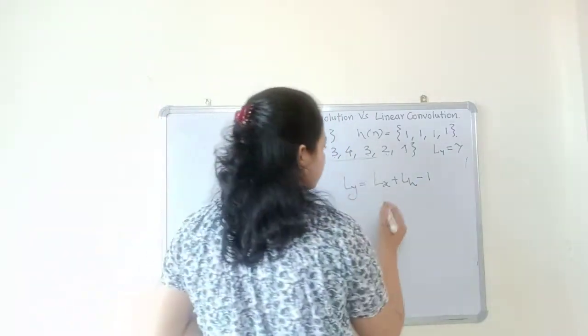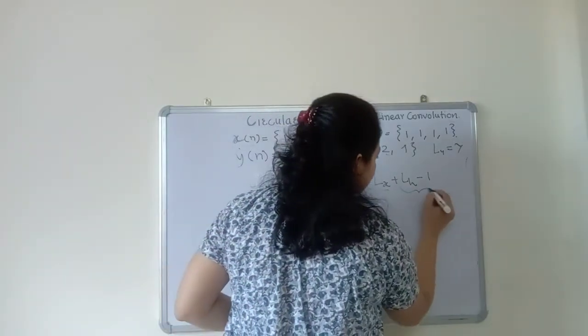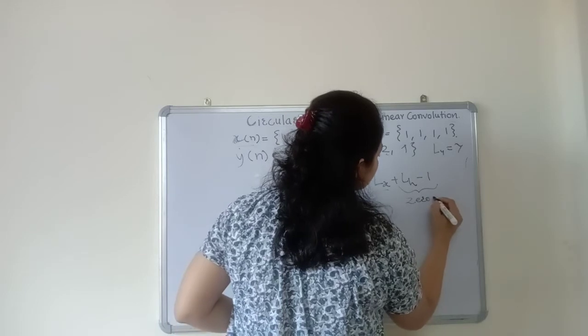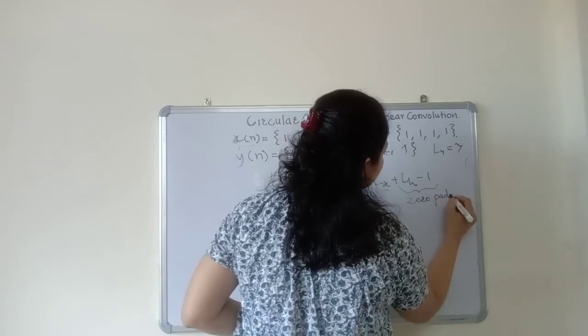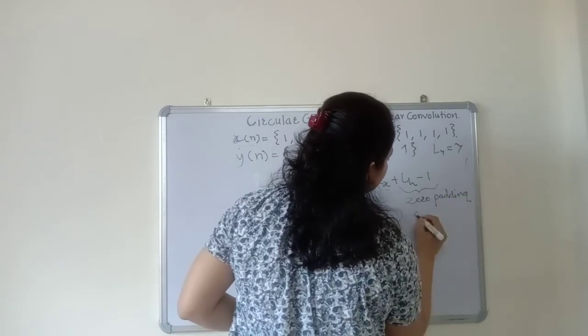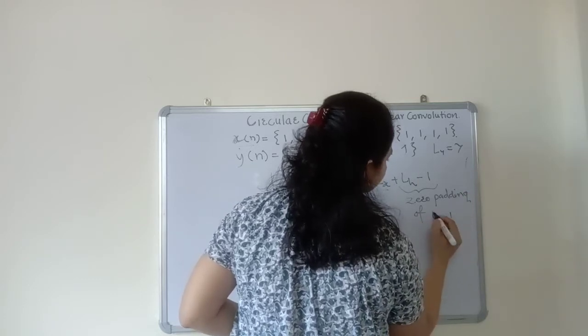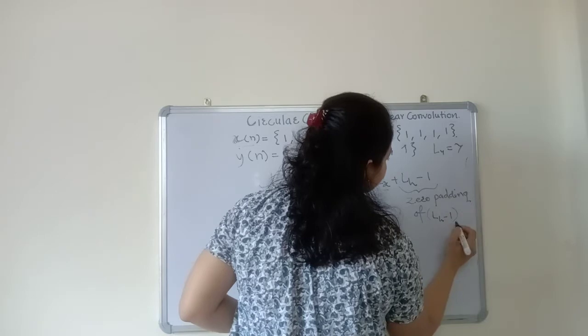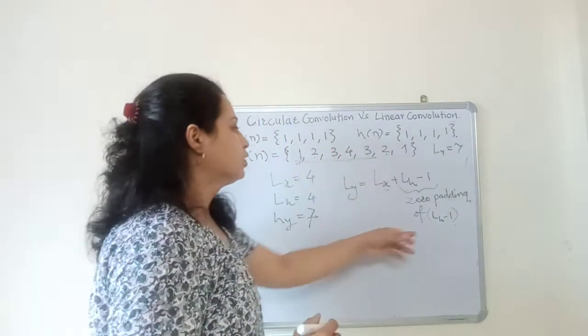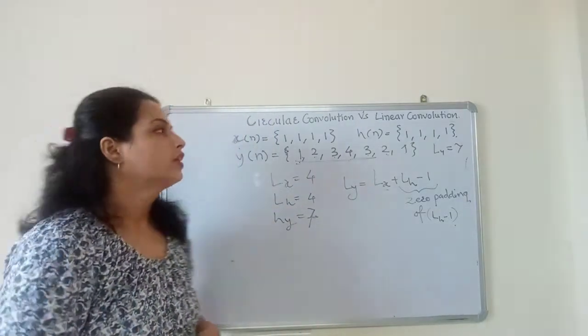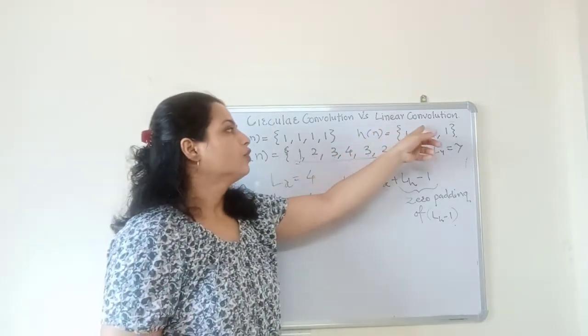So leave that longer sequence, take this and pad these number of zeros. 0 padding of Lh minus 1 zeros is required to get an output equivalent to linear convolution.